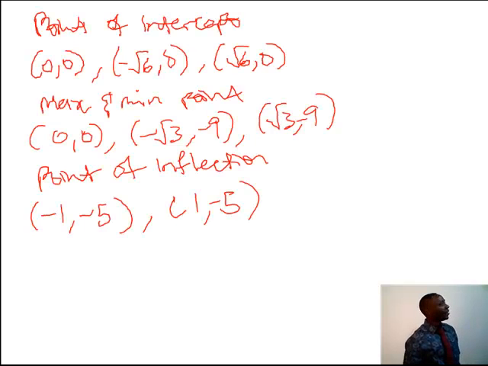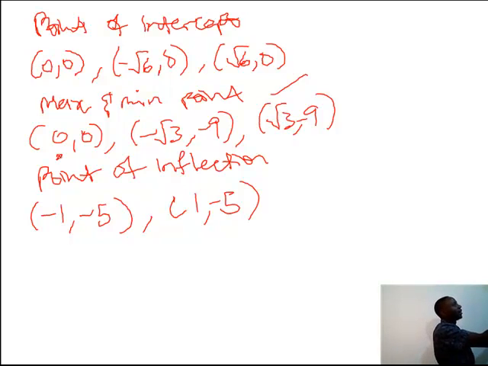Now, from what we have solved, we are going to have our points of intercept. If you followed it wholeheartedly, the first point is 0, 0, that is x equals 0, y equals 0. Then the second point of intercept is at minus square root of 6, 0. And the third point is at square root of 6, 0. Now, for the maxima and minima points, the first point is when x is 0 and y is 0.